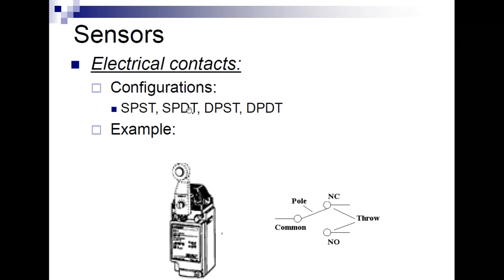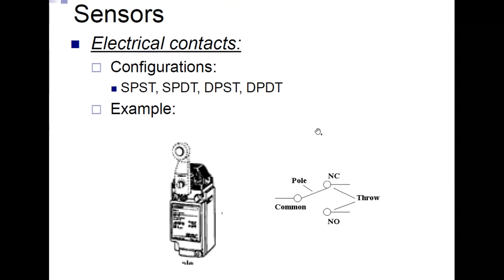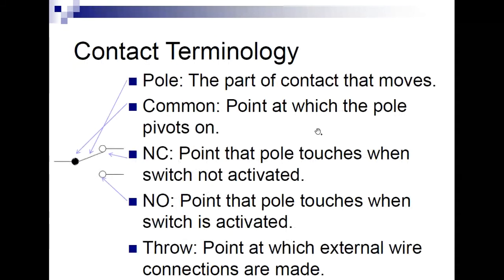So this is a single pole, double throw switch. You can buy switches that have single pole and only 1 throw, or a double throw as shown here, or maybe one that's actually got 2 poles and 2 throws. So you could have a double pole, double throw, or double pole, single throw. That's what that configuration reference means.